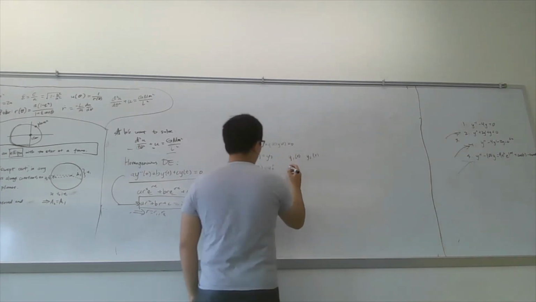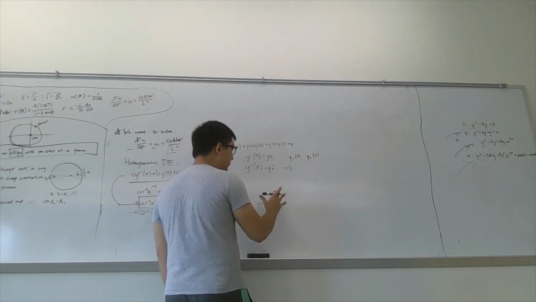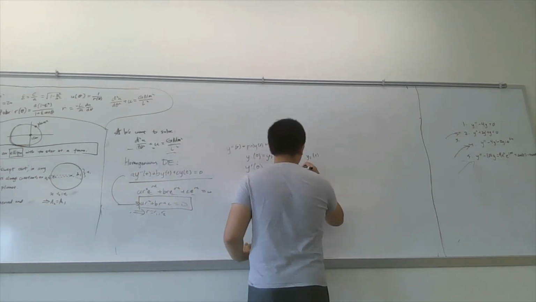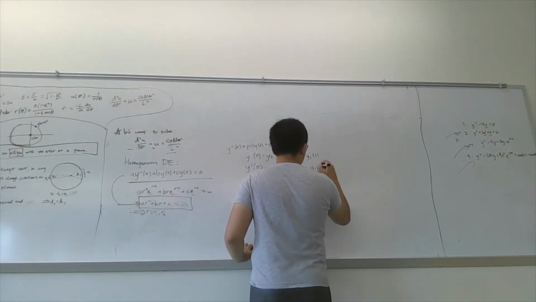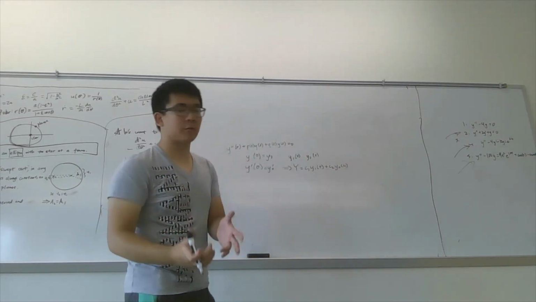Then let's assume that these are nice enough to form a good general solution. That is, their linear combination gives a general solution to our differential equation.